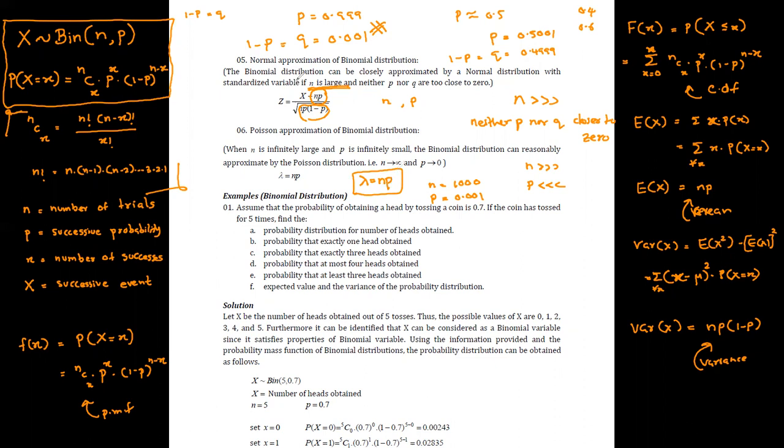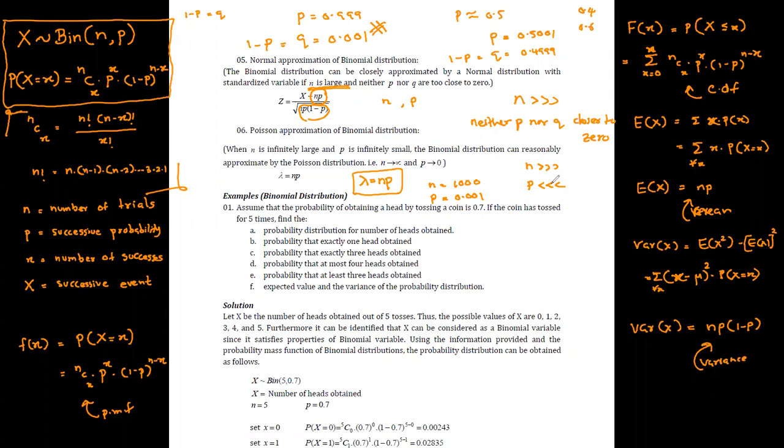Therefore, these two approximations can be used for a binomial distribution. The first one is used if n is large and neither p nor q is close to zero. In such a situation, we can approximate it by a normal distribution. In the next situation, n is a large value, but p is a very small value, very close to zero.